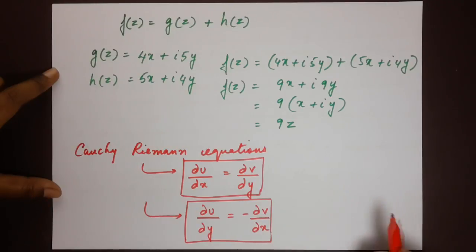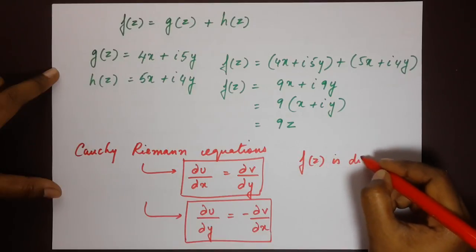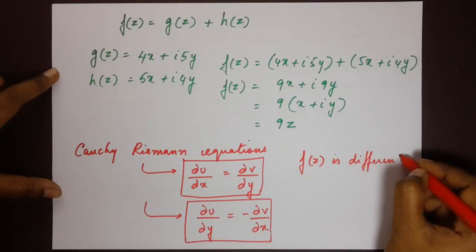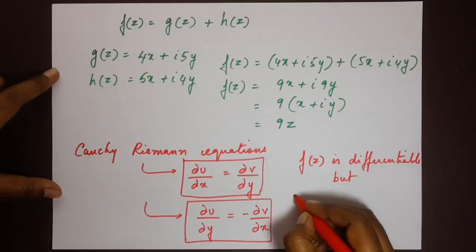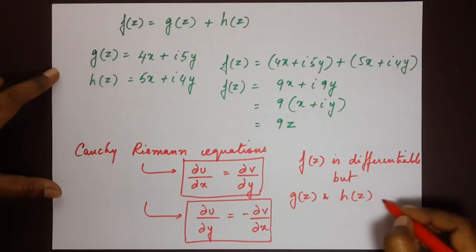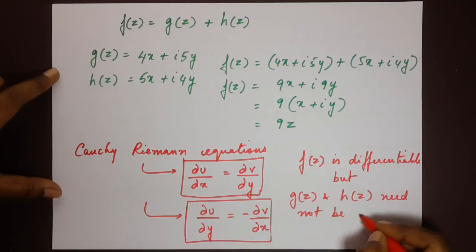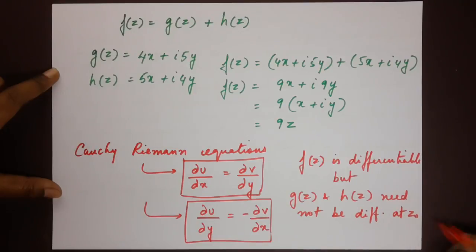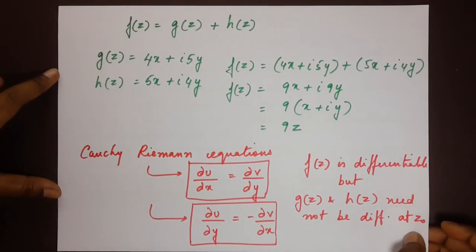So in this case, f(z) is differentiable, but g(z) and h(z) need not be differentiable at the point z0. So this means our first option is wrong. It's not true.